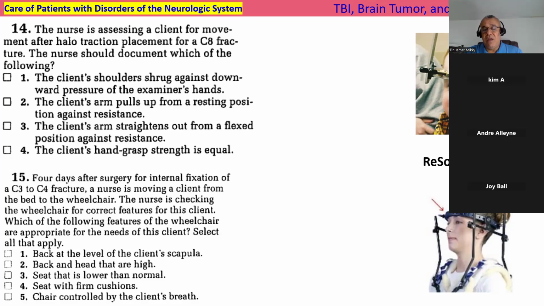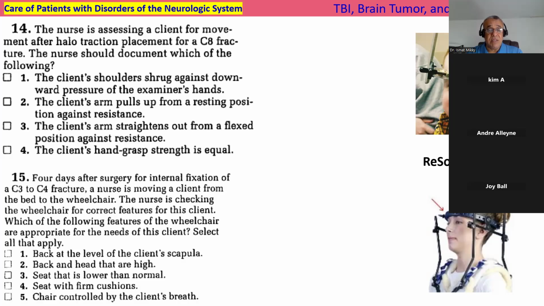Therefore, the head and neck of the patient's wheelchair should be high. The seat should be lower than normal to facilitate transfer from bed to chair. And when the client can use his hands and arms to move the wheelchair, the placement of the back at the client's scapula is necessary.